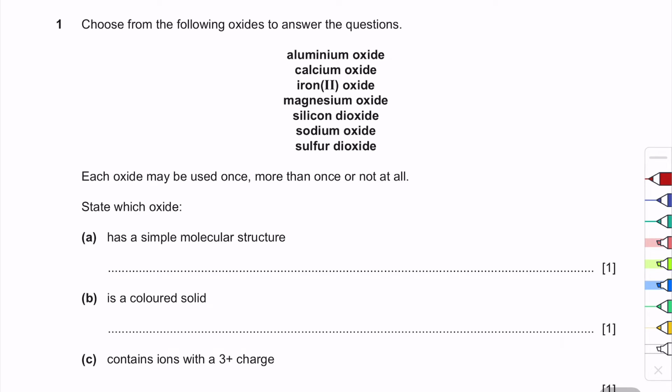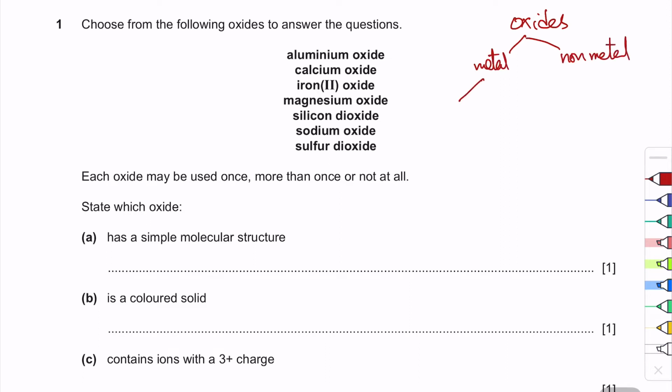Choose from the following oxides to answer the question. Before we delve into this, a couple of things we need to remember is that oxides can be acidic, basic, neutral or amphoteric, 4 different kinds, but it's all related to metals and non-metals.